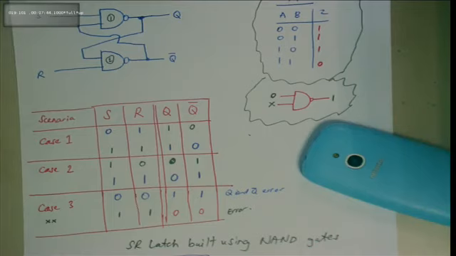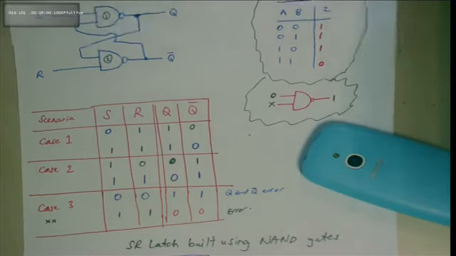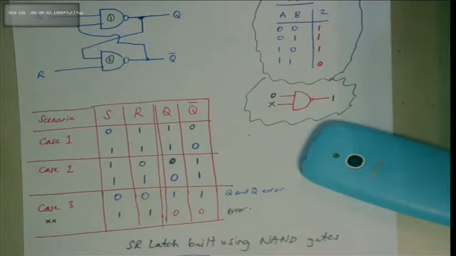So that's why this is a partially working circuit. And we've got to use it in a particular way to our advantage. It's like a very fussy circuit.